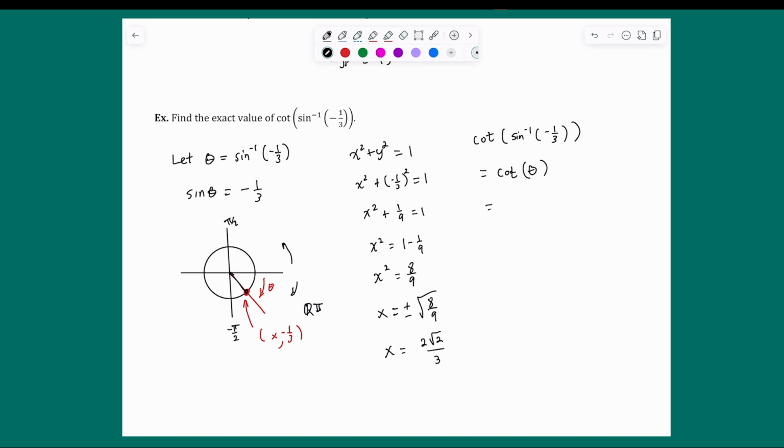And so we know by the unit circle definition of cotangent, this is just x over y. So we're going to get 2 root 2 over 3 all over negative 1/3. And so we end up with a negative 2 root 2.